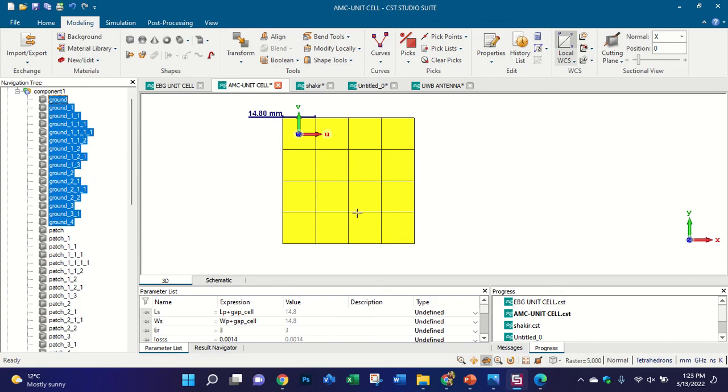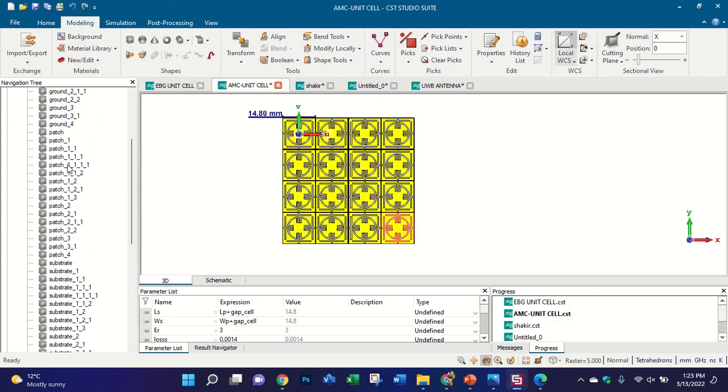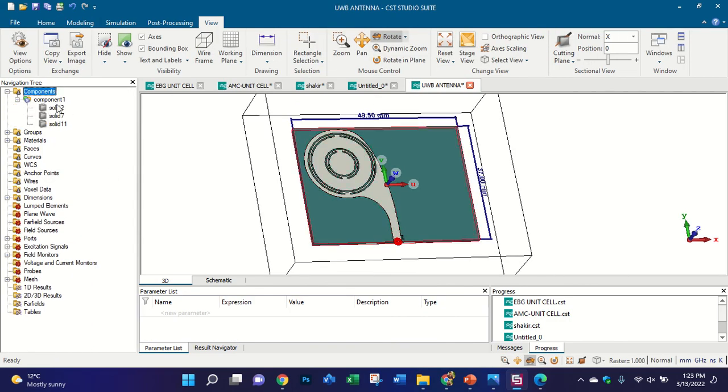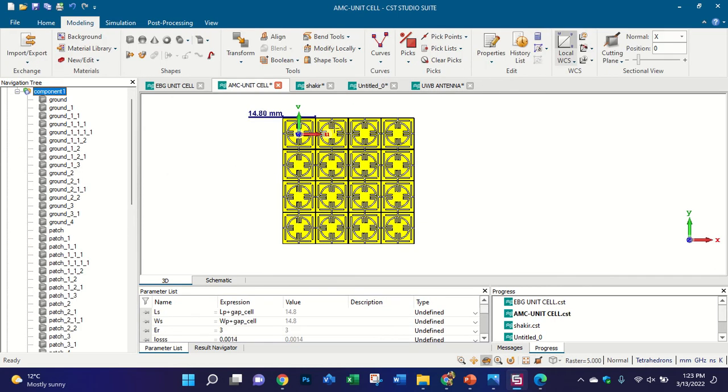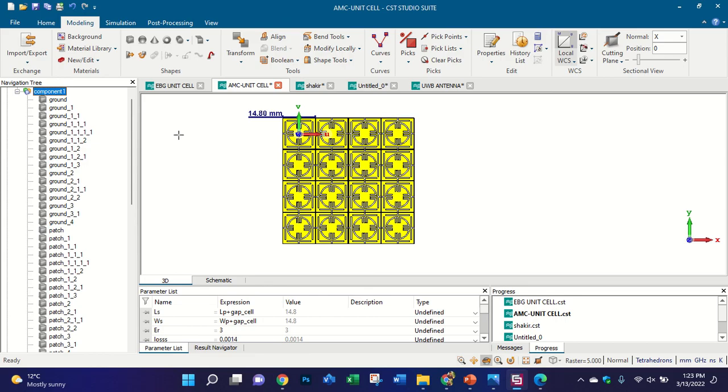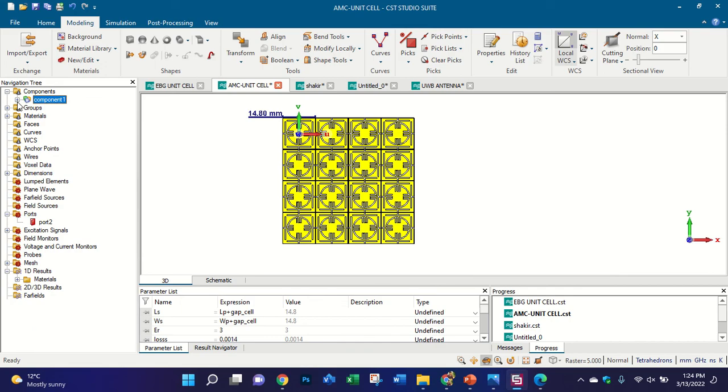Because when you copy this, you will see you have so many components here, so when you paste here, it is hard to select the components. If you add all these components, there will be three components: the first one is ground, the substrate, and the patch only.